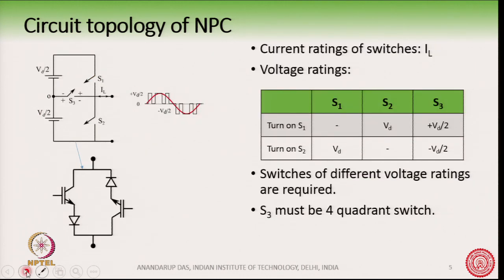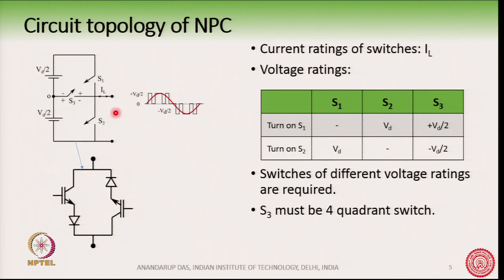Now, let us see what are the ratings of this switch. Okay. What is the current rating of these 3 switches S1, S2 and S3? The current rating of course should be equal to the load current or the current which is flowing through this terminal. Okay.